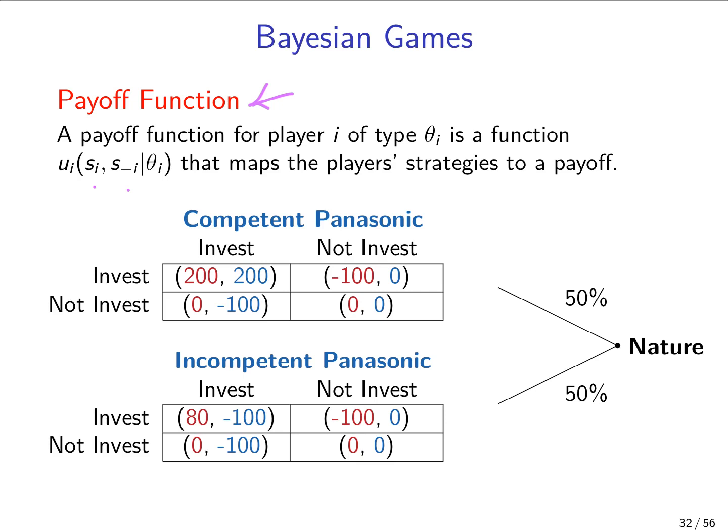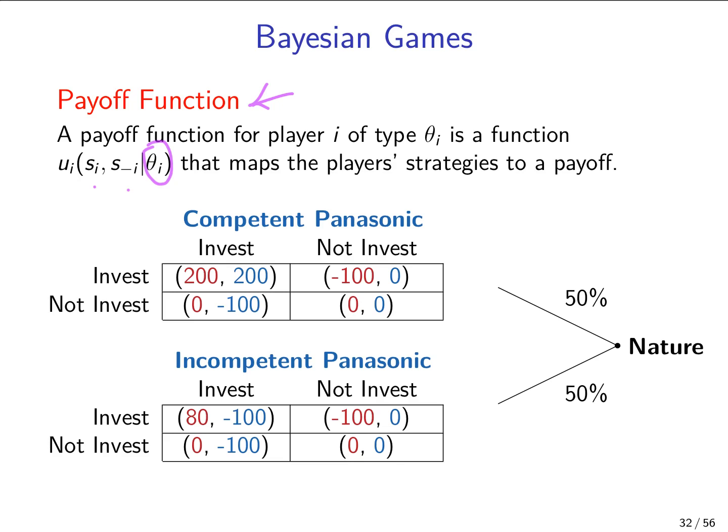Okay, so again, it's just like the payoff function we learned about before, except that now it needs to depend on the type of player, and we want to know what the payoff function looks like for each type.